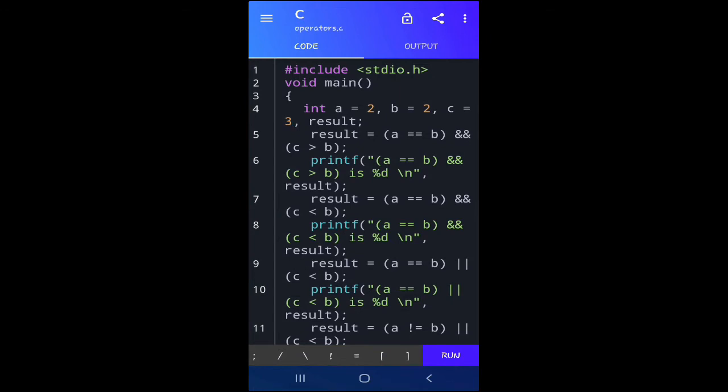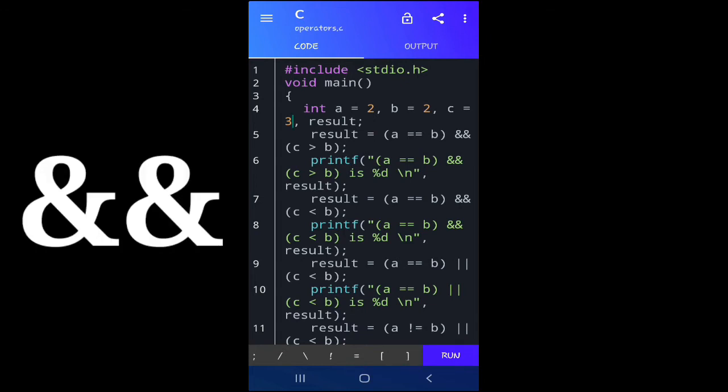As usual, I have taken four variables, a, b, c, and result, and I have assigned the values 2, 2, 3 respectively. Before printing, I have assigned result equals, within the brackets, a equals b and c greater than b.